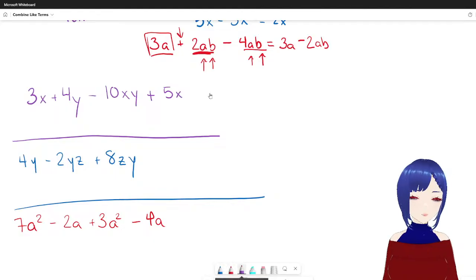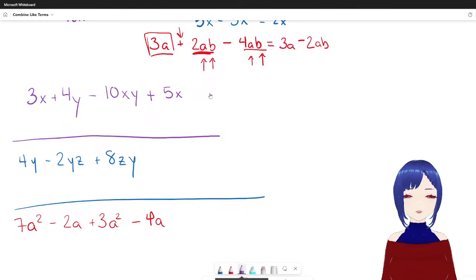So let's look at this first one. The best thing with this, and you learn this when you're doing different types of questions, is you want to indicate your like terms. So I usually do this with an underline and a box. And then if I have more than 2 types of terms, I'll pick something else.